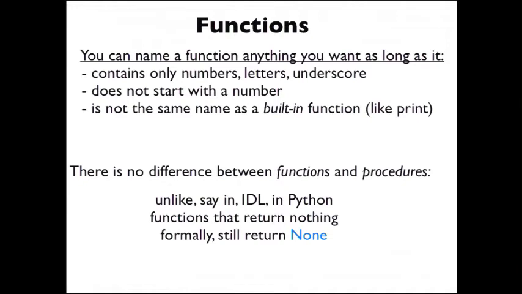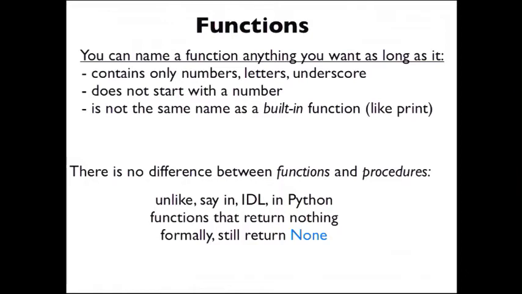There is no difference between functions and procedures. Unlike in, say, IDL, in Python, functions that return nothing still return something, and that something is called None. So if you have a procedure which does something, maybe takes actions upon some variables, prints something out and sends an email to you, you might not want it to return anything when it comes back.